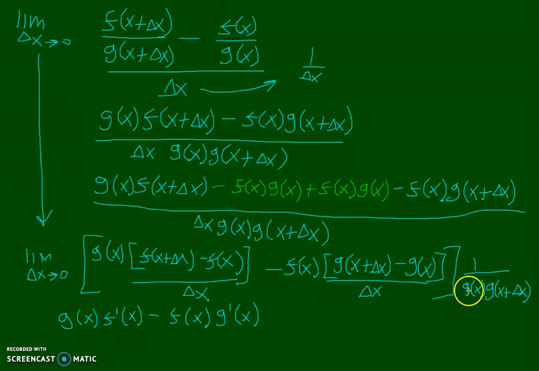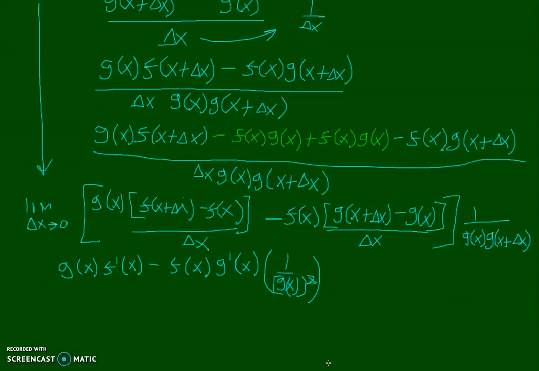So we'll have 1 over g of x times g of x, which is just 1 over g of x squared. So this is times 1 over g of x squared.